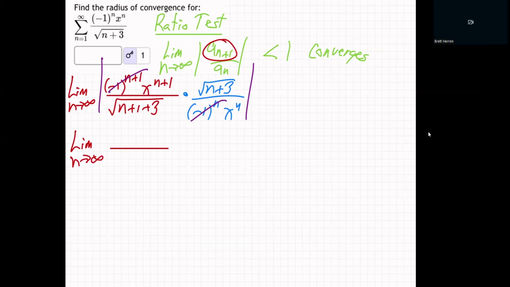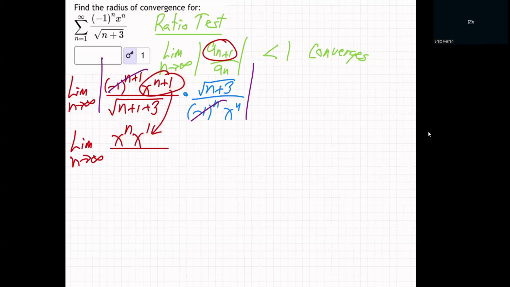So we have x to the n plus 1. That's x to the n times x to the 1, because remember, powers add. So x to the n times x to the 1 is x to the n plus 1.